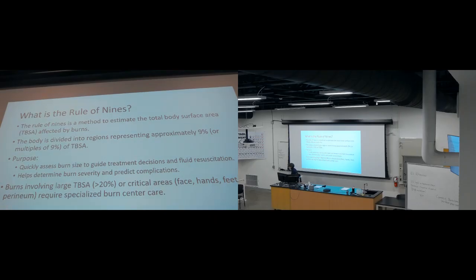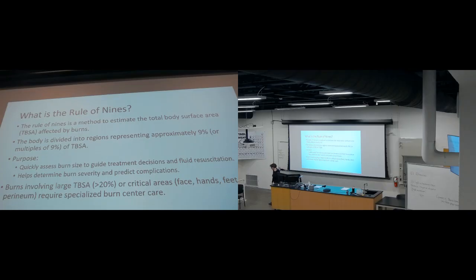So for burns, for calculating the surface area, you use the rule of nines. In the rule of nines, you calculate the total body surface area, or TBSA, affected. So we divide the body into regions that represent 9% each, or a multiple of 9. You want to use this to guide treatment decisions and fluid resuscitation, and that can give a prognosis.